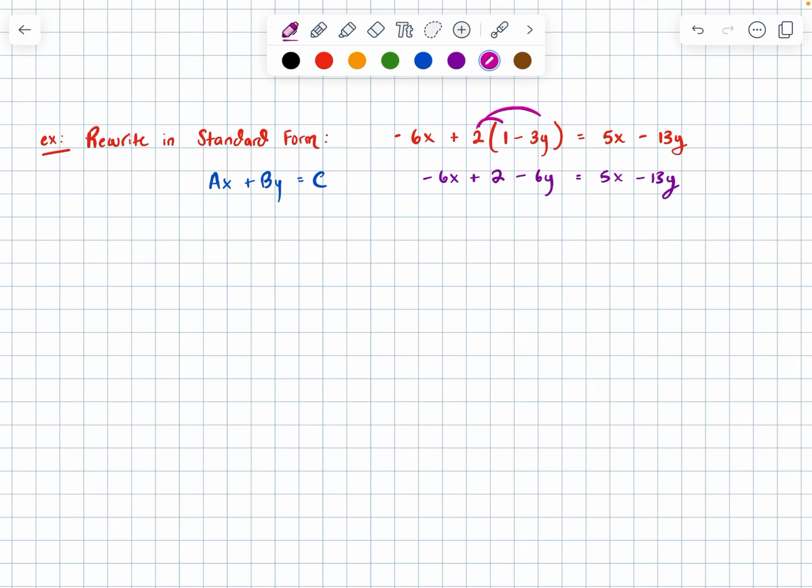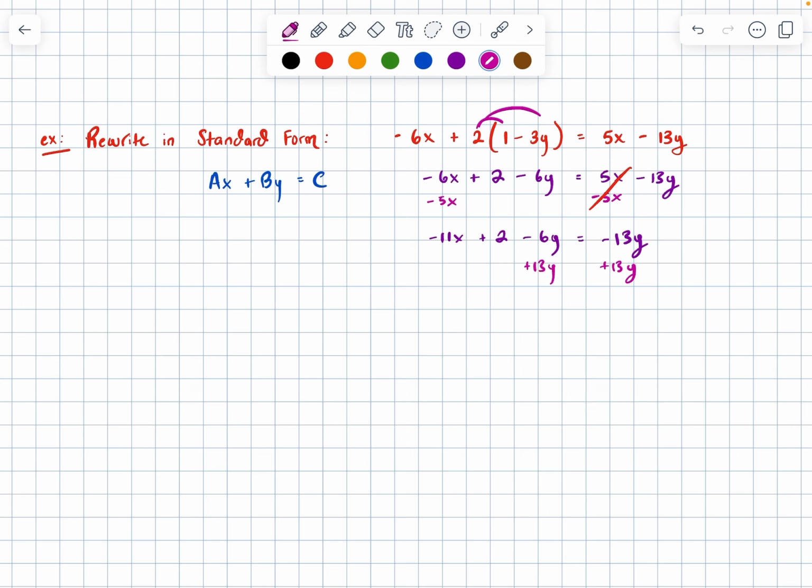And now again, I want to get all of the x's and y's to the right side, and all of the number stuff over to the left. Or other side, whatever, it doesn't matter. So let's start by subtracting 5x from both sides. When I do that, that gives me negative 11x plus 2 minus 6y equals, right, these go away, negative 13y.